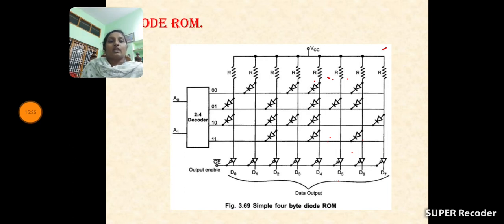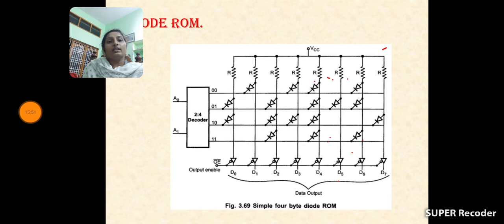And see here how these diodes are connected and how the output will be produced according to this. It is used to enter 1 byte. So how will it store 1 byte? For example, if the bit is D0, no diode is in activated condition.